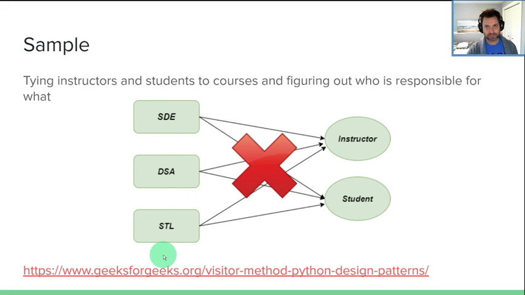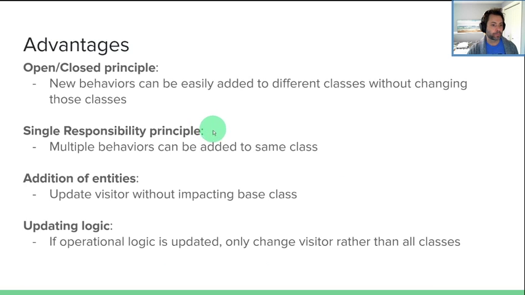CIS, IS, M, cybersecurity, sure. Well, let's figure out who is instructing what. Let's figure out who is attending what, or maybe who's registered for what. We basically can define abstract classes for people and for courses and then figure out who's doing what.